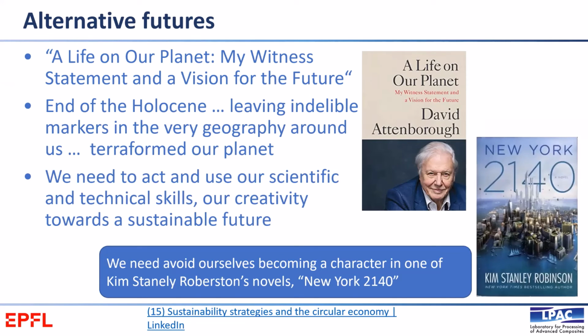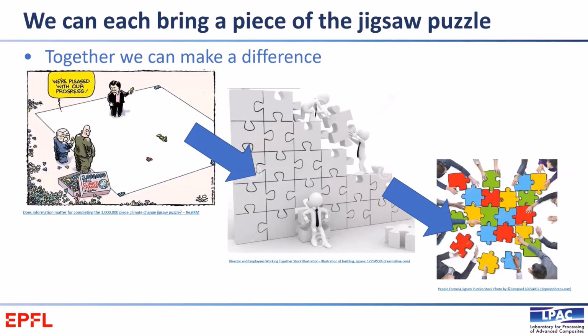Because if we don't, we can end up in the novel New York 2140, where sea level rise creates huge problems. So I'm really urging you to take this seriously. Together we can make a difference. Each person can influence the world around them through what you do, and we all need to work together.